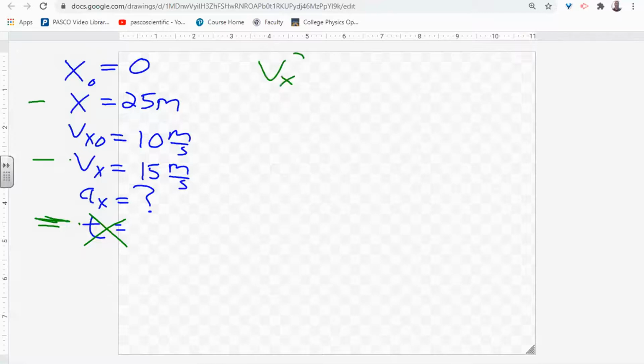So the third kinematic equation is: the final velocity squared equals the initial velocity squared plus 2 times the acceleration times final position minus initial position. And what we're looking for is acceleration. So remember, if this is a multiple choice question, solve for that value any way you want.